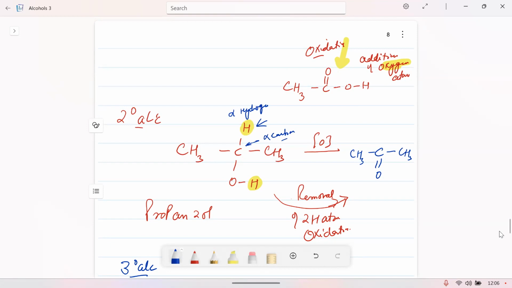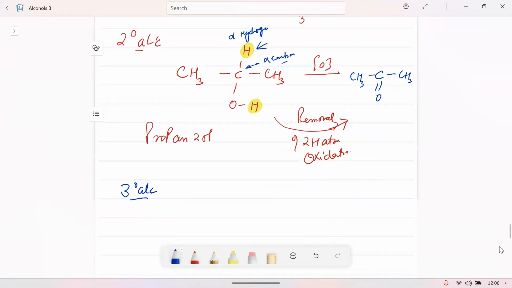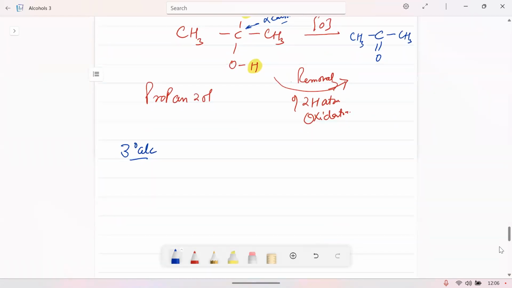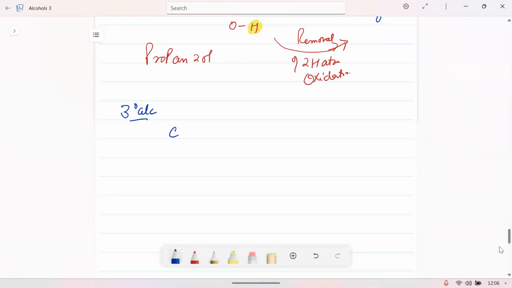You can write this in your marking scheme, but in Edexcel they don't talk about it, though the marking scheme accepts it. So we will see how to explain it. In both cases, it is the same hydrogen, in the same position, that is being removed. Now, if you look at the tertiary alcohol, I need the two hydrogen atoms.